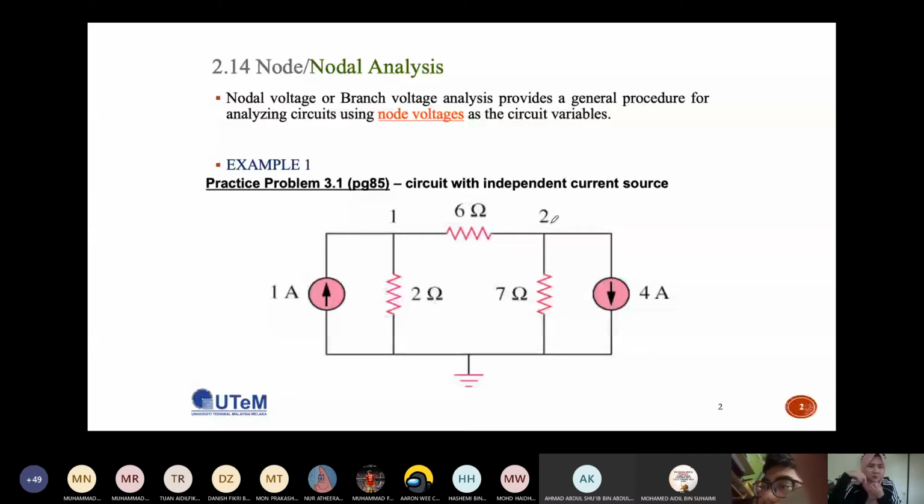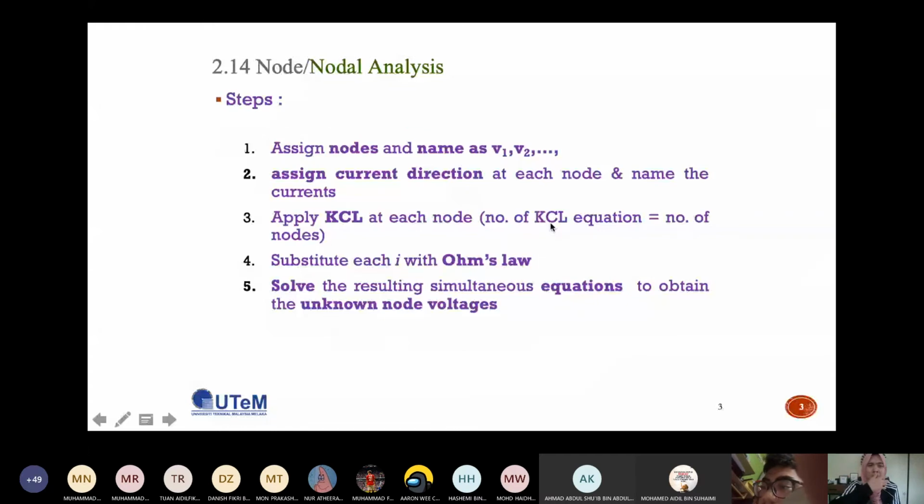These are the steps for the nodal analysis. You should follow these steps. Step 1, assign nodes and name them V1, V2 and so on. The second step, you should assign the current direction at each node and name the current. The third step is apply KCL at each node.